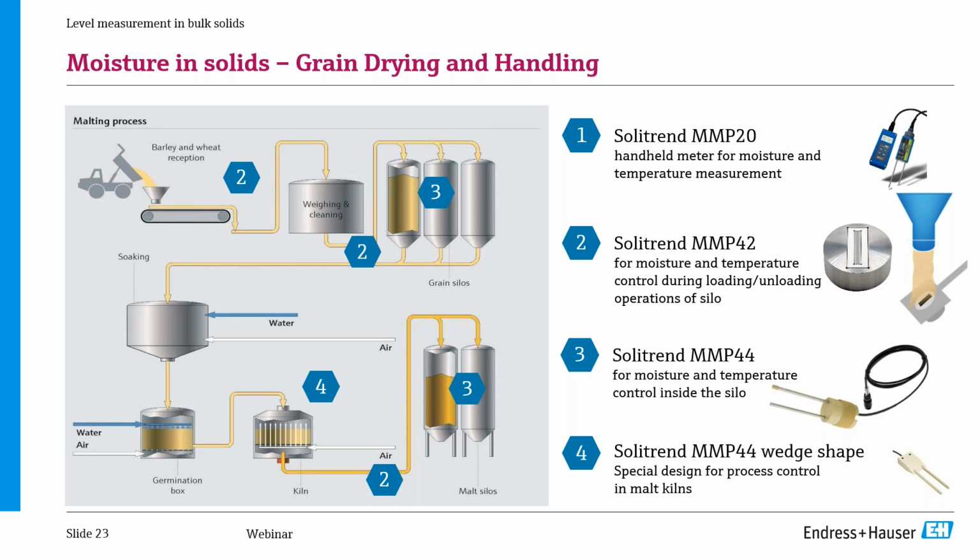If you want to assist your lab analysis and reduce the load in the lab, you can now have a portable version to go to several steps of your process and check it manually. But we also have inline versions to help you save time and increase your product quality while saving resources such as energy, by having an online measurement of the moisture content.